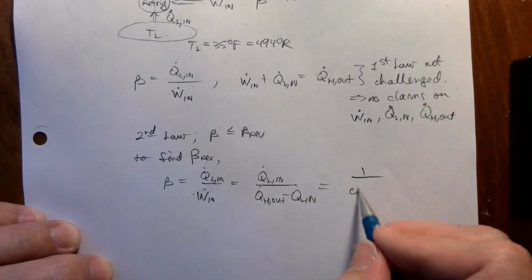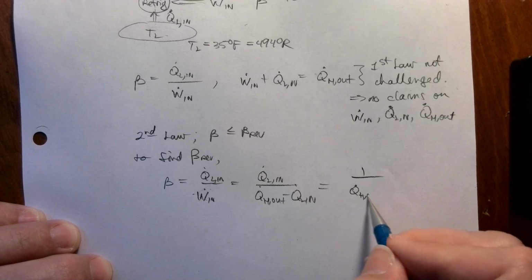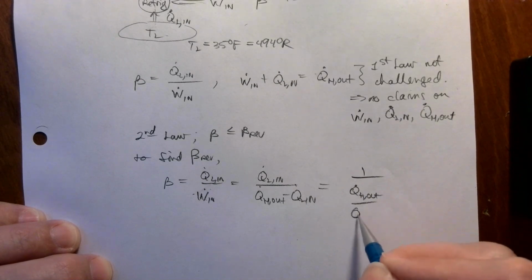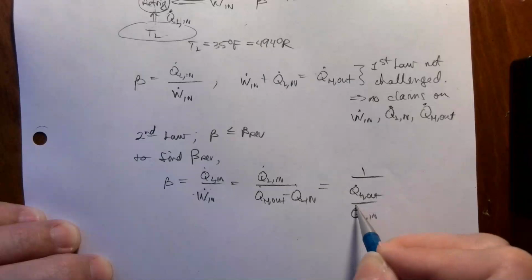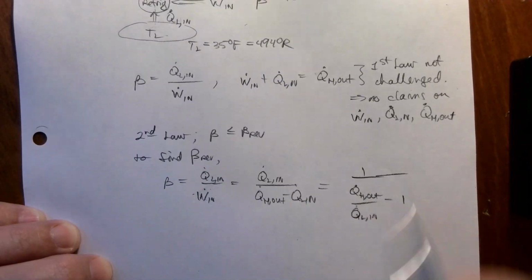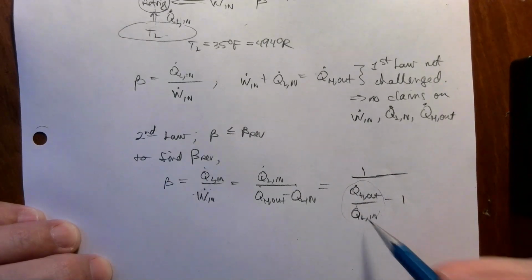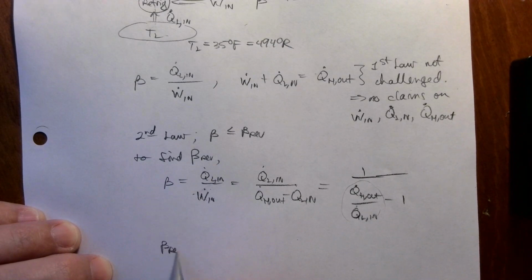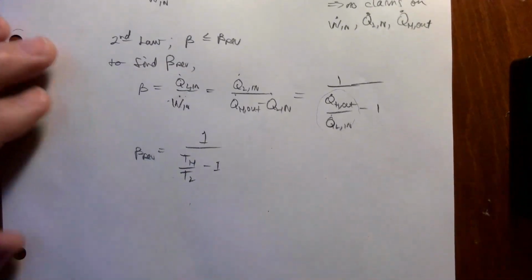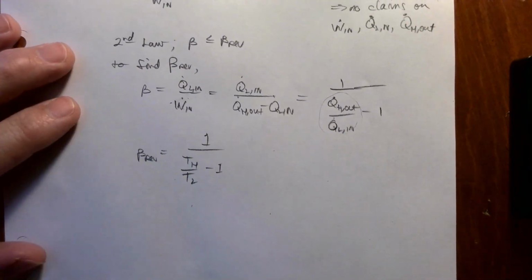This is equivalently equal to 1 over Q dot H out divided by Q dot LN, minus 1. So for the reversible case, we'll just replace that with T_H over T_L. So beta reversible is equal to 1 divided by T_H over T_L minus 1. Or you can just go and look up that formula or remember it.